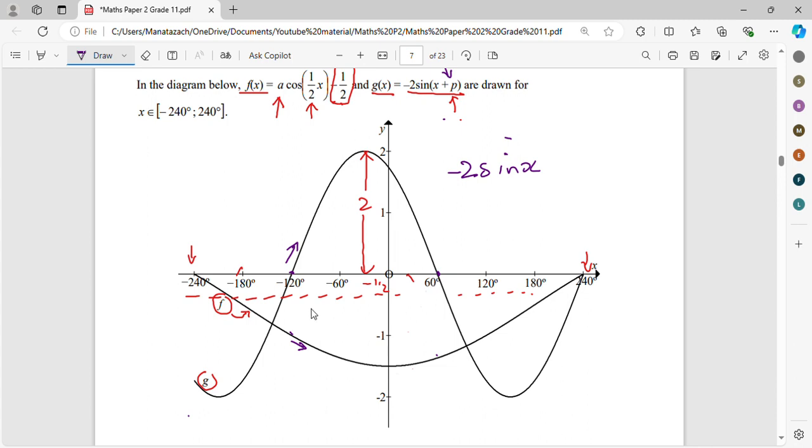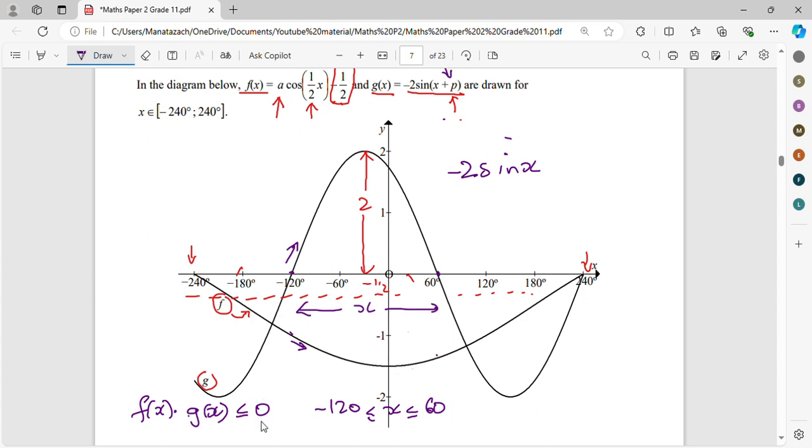So here we can say f of x times g of x is less than or equal to 0 for the domain of minus 120 degrees to 60 degrees. Just here, like this, those will be all the values of x.